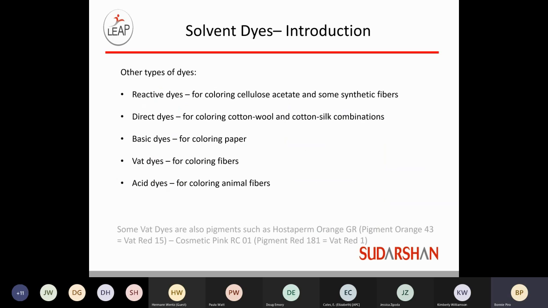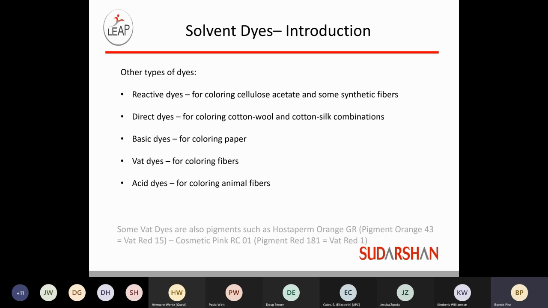So there are other types of dyes. Just a brief review of what they are. Reactive dyes are used for coloring cellulose acetate and some other synthetic fibers. Direct dyes are used for coloring cotton wool and cotton silk combination. Basic dyes are used for coloring paper. Vat dyes are used for coloring fibers, and acid dyes are used for coloring animal fibers.